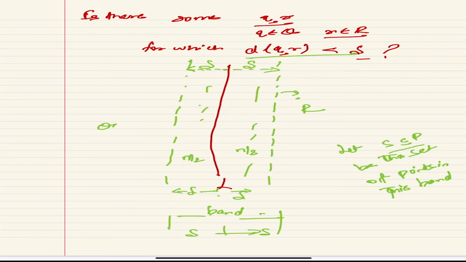Now x-axis sorting will not help, but I can make use of their y-axis sorting. Now let Sy be the list of points in S sorted as per their y coordinates.